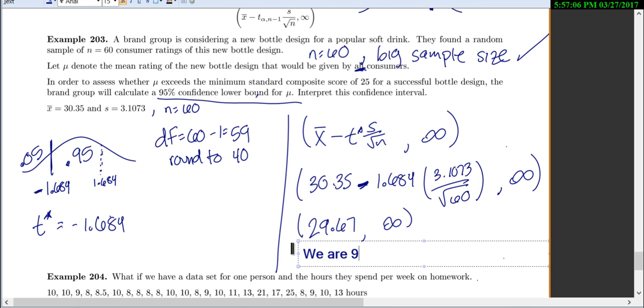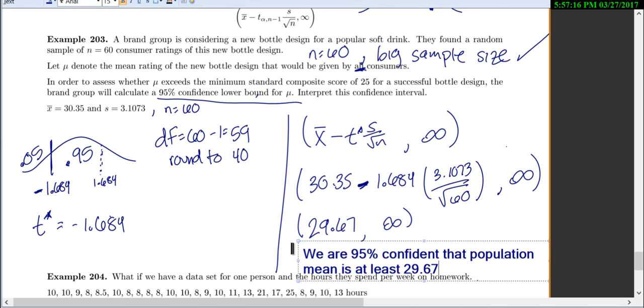So we are 95% confident that the population mean is at least 29.67, which they'd be happy about because that means it exceeded the 25 that they need to go ahead with this bottle design.